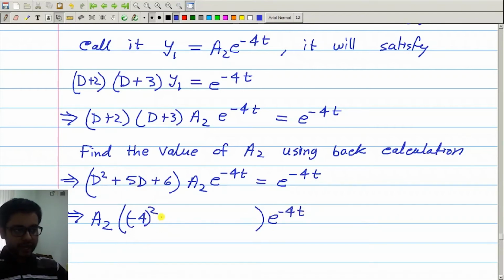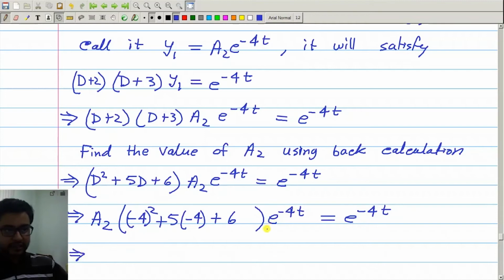Then 5 times the first derivative of e to the power minus 4t will be minus 4 multiplied by e to the power minus 4t plus 6 multiplied by e to the power minus 4t, and the right hand side is as it is, and from this you can cancel these two terms.